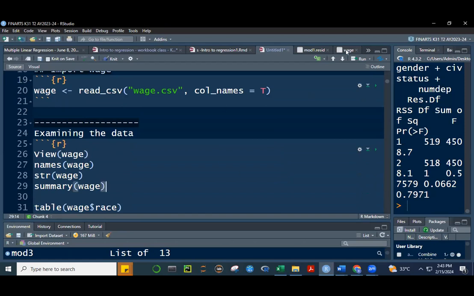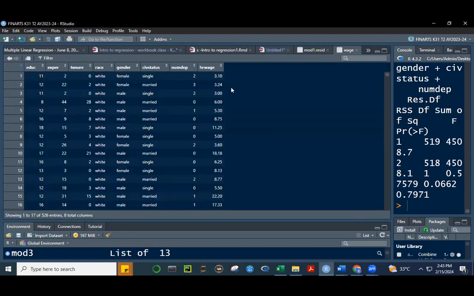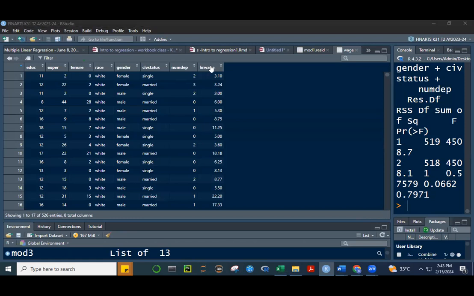We learned that the data, this is just a quick review, has 8 variables in it. Our variable of interest is hourly wage. We'd like to predict hourly wage using the 7 other predictors. So education, experience, tenure, race, gender, civil status, and number of dependents. We have 1 dependent variable and 7 independent variables.